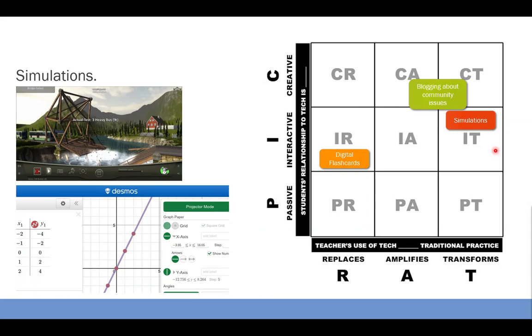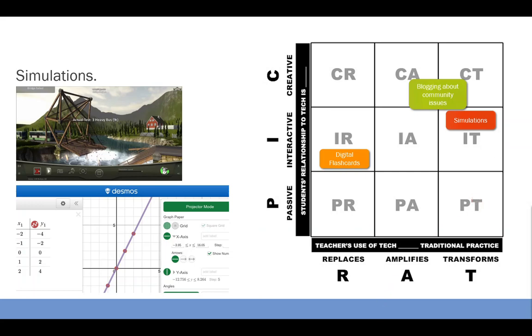You could argue whether this is amplifies or transforms. I think it's transforms because students are able to manipulate something and see the direct results, which isn't something they could do in the real world. And what that does is it allows them to learn through this trial and error in a very direct way that is different than what traditional practice would be, where they would just be told whether something worked or not. They're actually able to experiment with something. And so I see that as transformative.